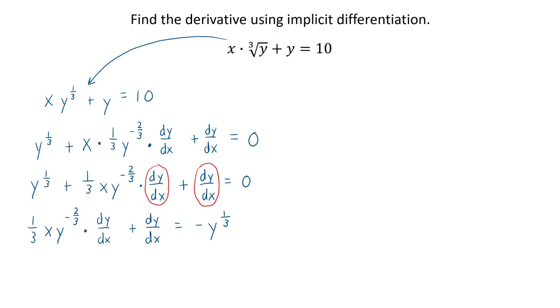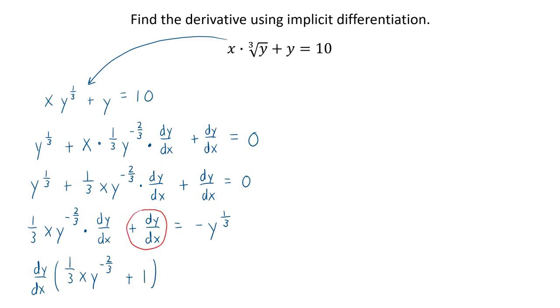Now on the left side, let's factor dy over dx from each one of the terms on that side. Factoring dy over dx from the first term leaves us with 1/3 x times y to the negative 2/3. And in the second term, factoring a dy over dx from dy over dx leaves us with 1.